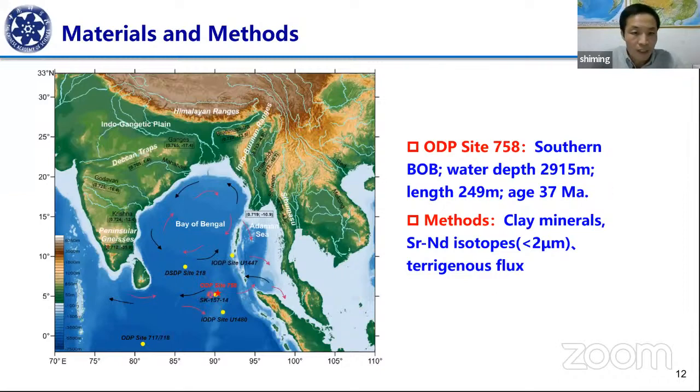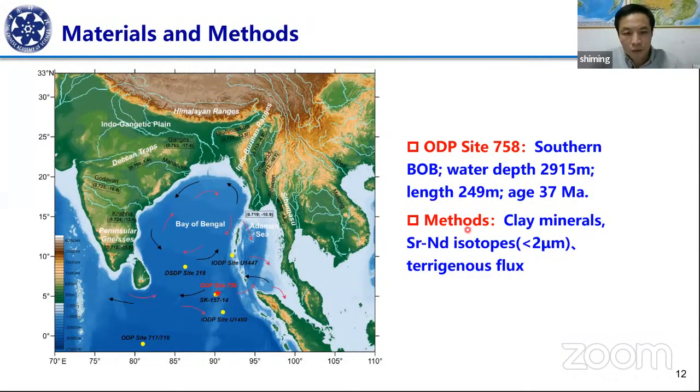I should say that this site is on the ridge, so it is much shallower than the surrounding basin, and turbidite sediments can be excluded from this area. So the material is very fine-grained sediment that is transported by surface currents from the Himalaya or surrounding land areas.